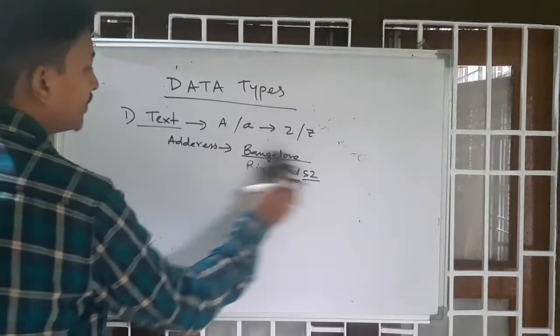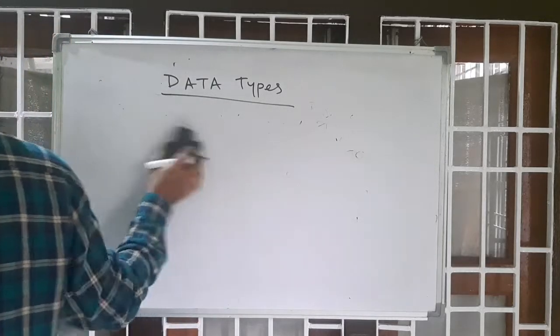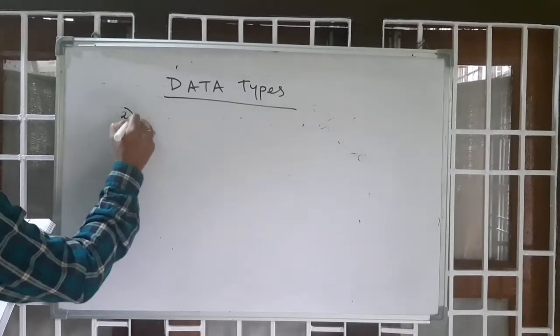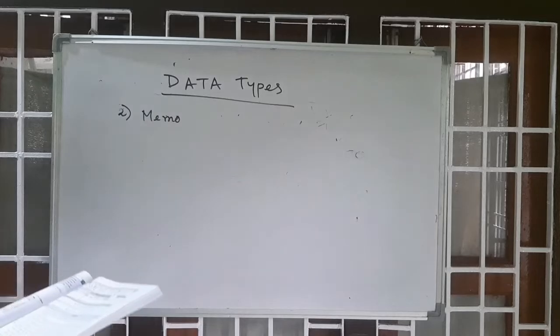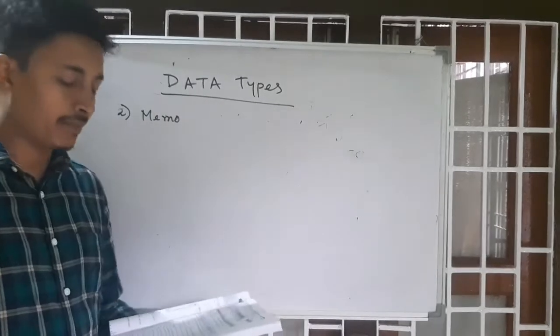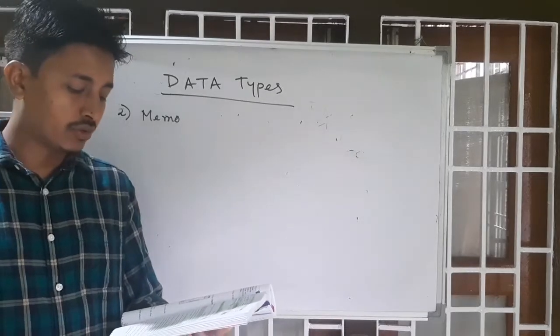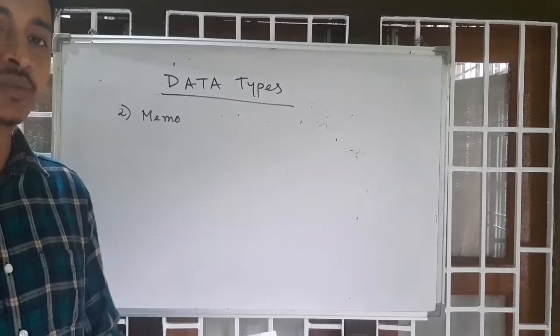Now, second, memo. The memo data type is also like the text data type, but you can see here it is used to store long text like notes and descriptions.